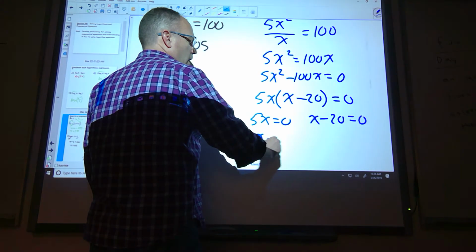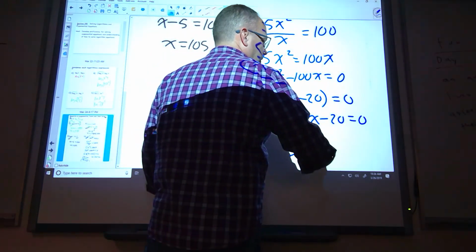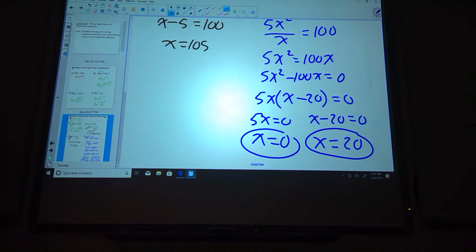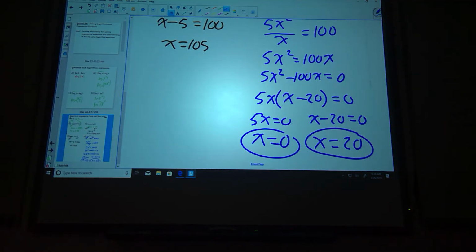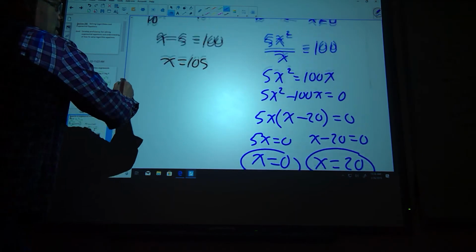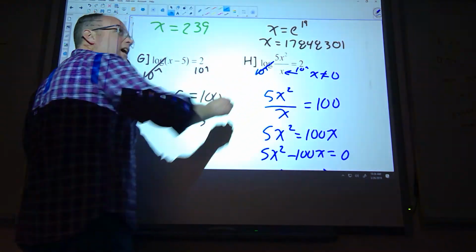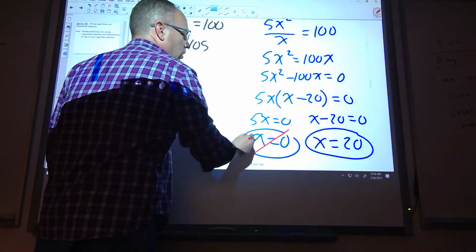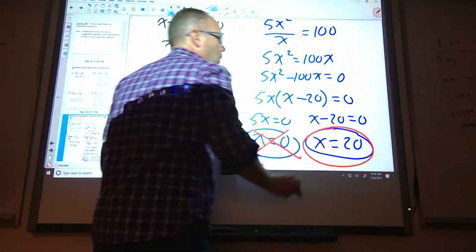So this is where errors start taking place. You get down to this and you're happy because you have two really nice solutions. What did I say in the very beginning about this problem though? x can't equal 0 because if I plug that 0 back into the original, I would be dividing by 0 and that's undefined. So my only solution to this problem is 20.